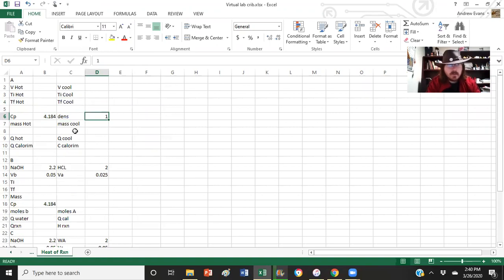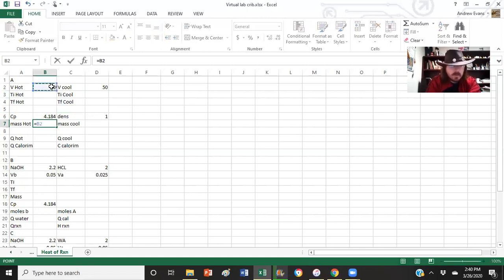Now, why are those important? Well, if I report the volume of the hot water and the density of the hot water is 1 gram per mil, if the volume were, say, 50 mils and the volume of cold being 50 mils, it's going to be density times volume to give us our mass. So 50 grams and 50 grams.